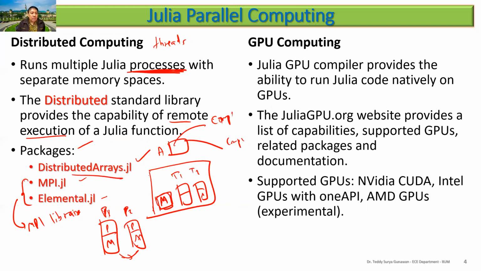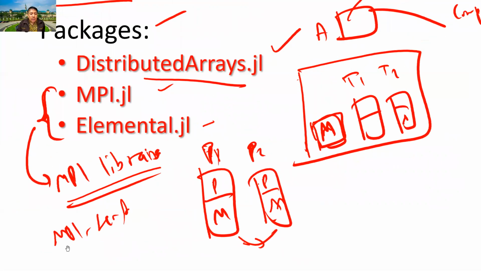But if you need to do more fine-tuned operations, then you need to use the MPI libraries. So we can use MPI send and MPI receive. This is the basic of MPI.